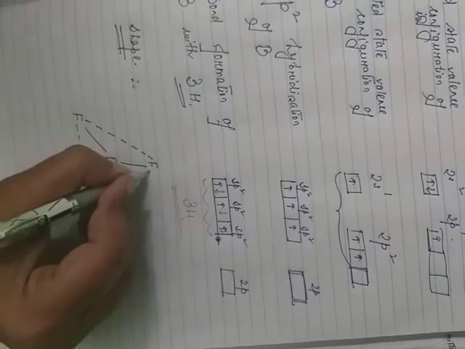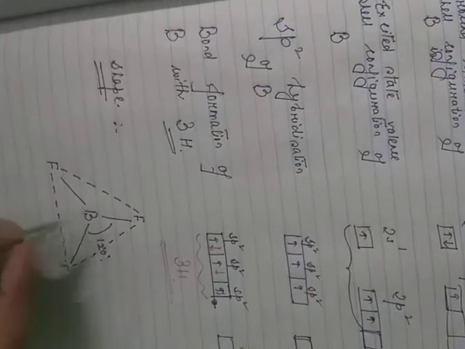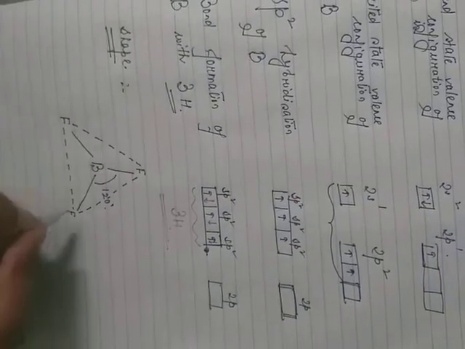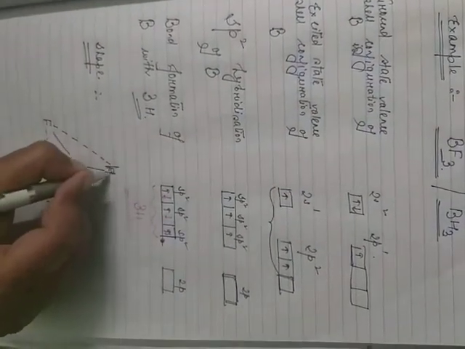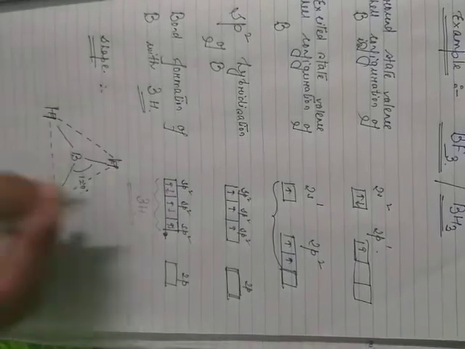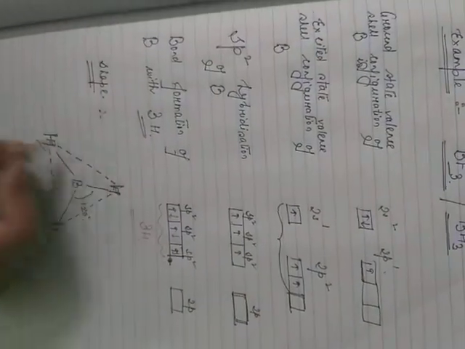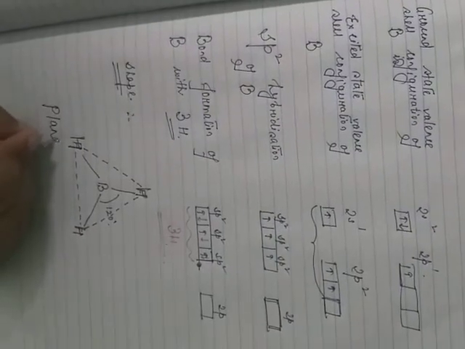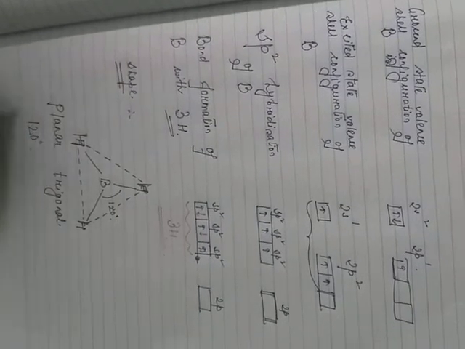Yes, it is trigonal planar with bond angle 120, considering the hub of the fan as the central atom and the three ends of the blades of the fan as the three fluorine, or here I have taken hydrogen. In fact, if it is fluorine, we could have taken 3 F, and instead of s orbital it will be the pz orbital. So this is how BH3 is being formed. The shape is planar trigonal, and the bond angle is 120 degree.